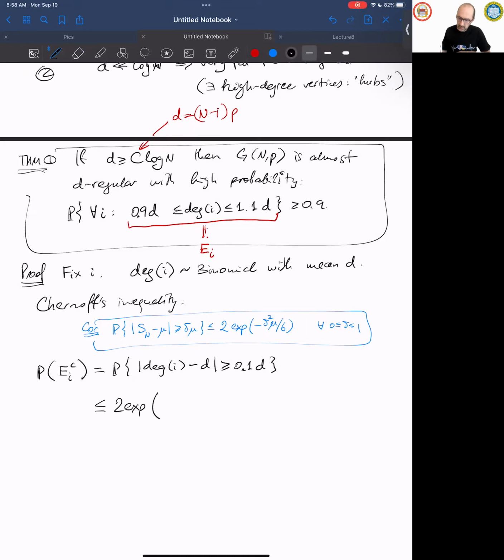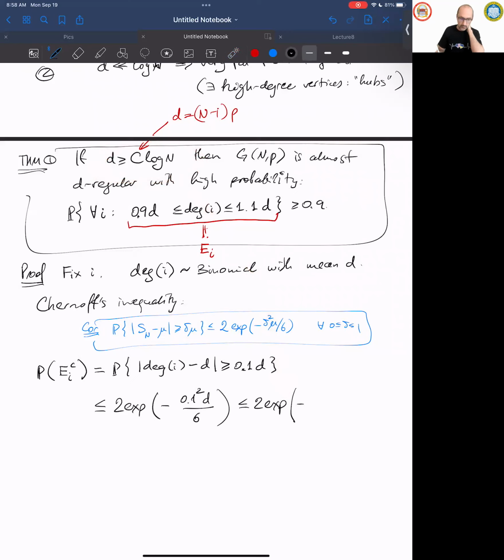And now we apply this inequality and we get minus, well, delta in this case is 0.1, d over 6, like this. Good. And we know that d is larger than C log n.